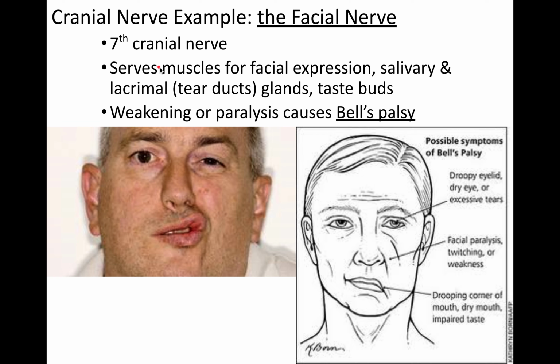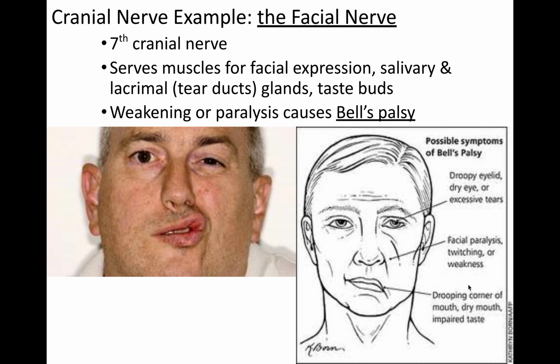Okay? If you have weakening or paralysis in this nerve, you might get Bell's palsy, where one part of your face you lose control of, and it might start to get droopy and have some twitchiness or wrinkling. Oftentimes, Bell's palsy can be associated with nerve damage that might be related to perhaps having a stroke or some other kind of nervous system disease.